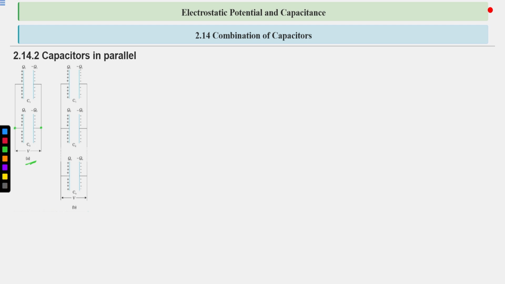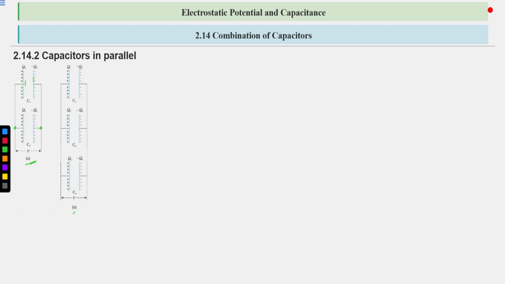Suppose these are the common points. So this plate of both capacitors is connected to this common point, and this plate of both capacitors is connected to this common point.